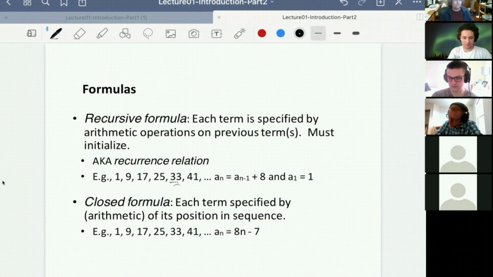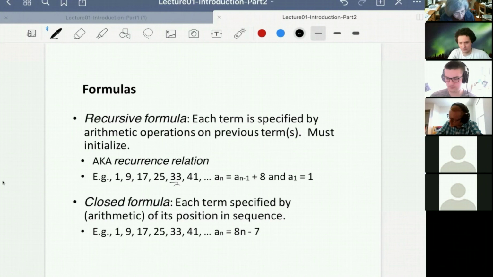If I say the first element in the list is 2, then I get 2, 4, 6, 8, 10. But if I say the first element is 5, then I get 5, 7, 9, 11, etc. So you have to specify the first element when it depends only on 1. But if it depends on 2 previous elements, you have to specify the 2 previous elements.